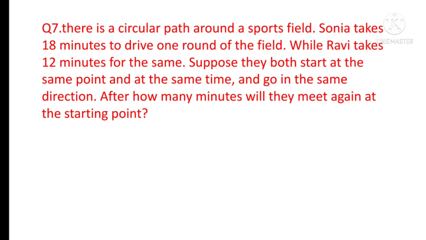Now, question number 7. This question is one of the most important questions as far as this chapter is concerned, and this type of question will be there in your future classes too. Now, let us understand the question. There is a circular path around a sports field.